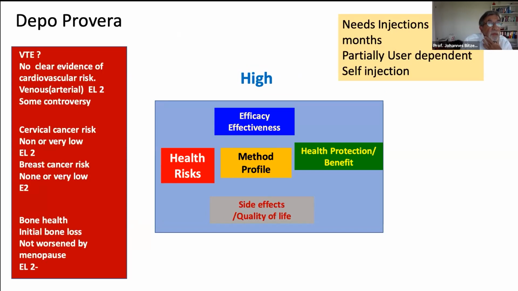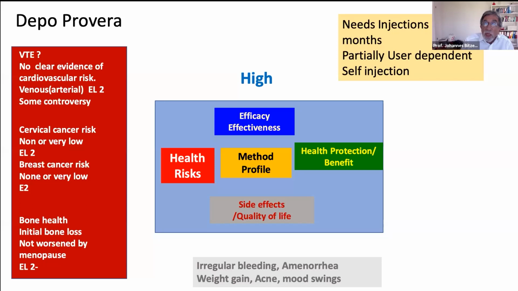Depo-Provera, I think we could still say that the cardiovascular risk profile is favorable, although there are continuously ongoing questions whether there is not a very slight increase, because it's actually a high progestogen dosage contraception. In this context also, there are some studies indicating that there may be some small increased VT risk. But as you all know, the main issue is bone health. But we know, and especially Andrew has shown us very nicely, that it's not worsened by menopause, and there is a recovery.